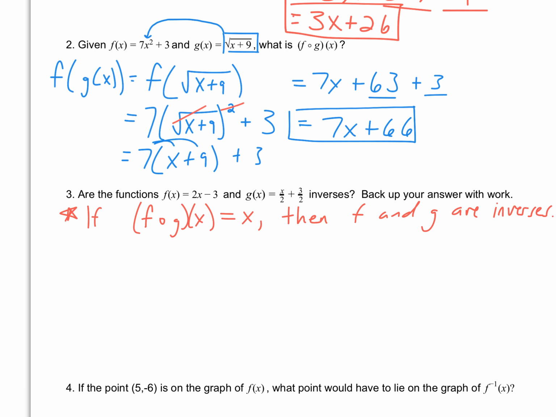So we want to find f of g of x. Again, that's the same thing as f on the outside, g's on the inside. And we want to see if it simplifies down to just x.